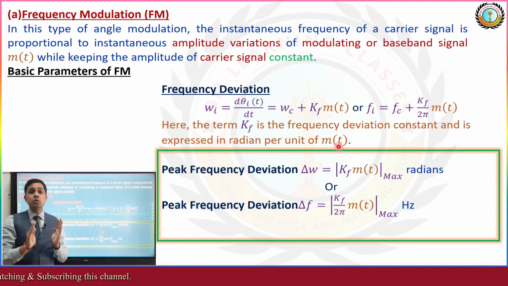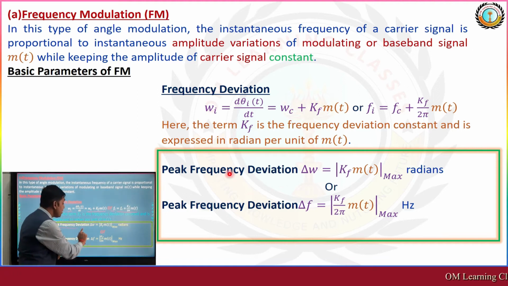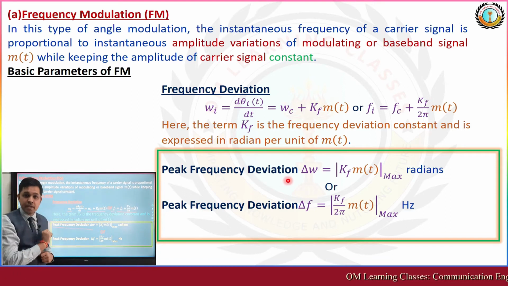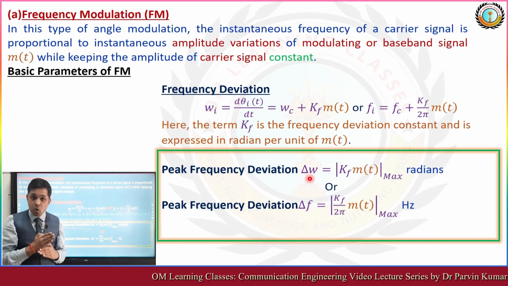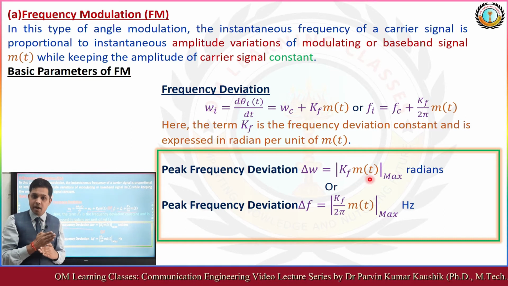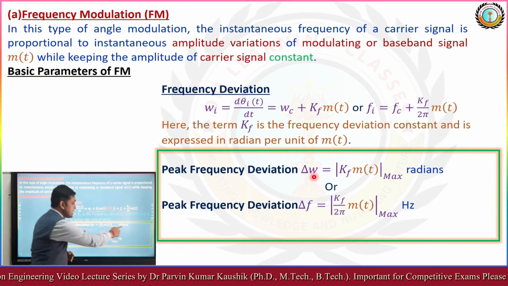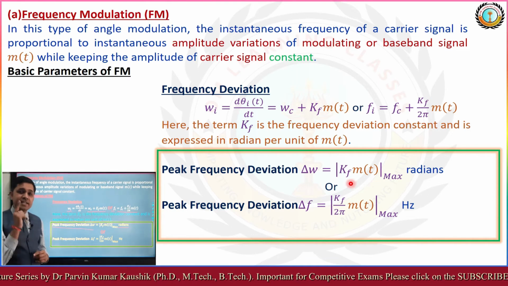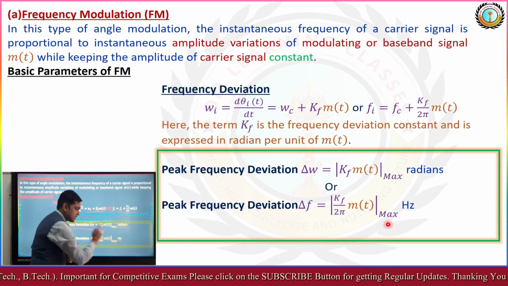Now, if we want to find the value of the peak frequency deviation, it can be in the form of delta omega or delta f. If it is in the form of delta omega, the unit is radians per second, and if it is delta f, the unit is hertz.